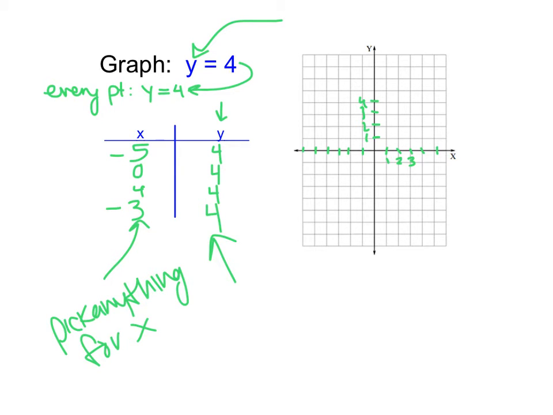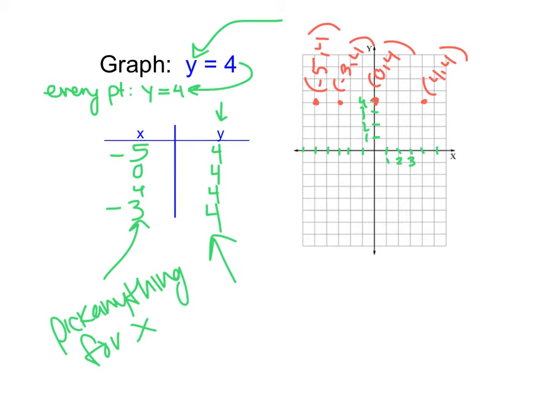X is negative 5, 4. So I can see that point there. I have negative 5, comma 4. Then I have the point 0, comma 4. Then I have the point 4, comma 4. And then I have the point negative 3, comma 4.